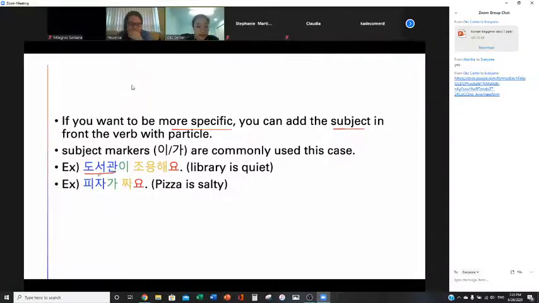This is the subject to make it more specific. So 도서관이 조용해요. 도서관 is library, and 이 is a particle. 조용해 is the basic form that we have just learned, and the new part, 요, is to be more polite. So 도서관이 조용해요 means the library is quiet.